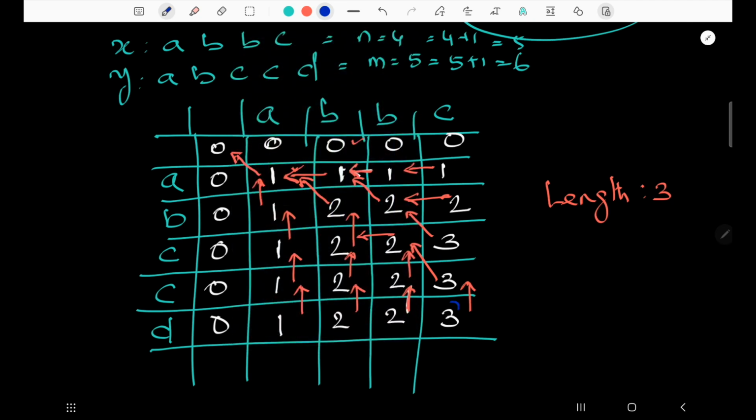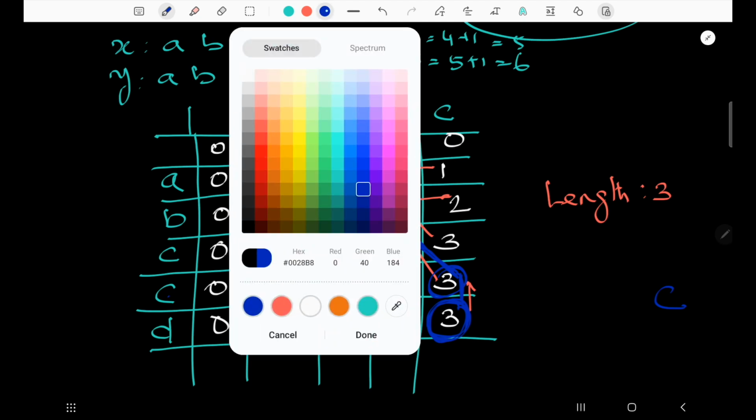I need to start from here and follow the arrow mark. I go here, and then from here I go here. So that means I travel towards the diagonal. So we need to take this 3, this cell, C and C. So C. This is very light, so I take yellow.